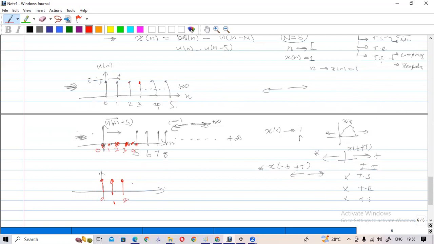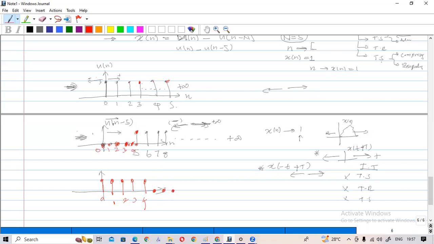Again 1 minus 0, so you have 1. For 4, 1 minus 0 again. Now at 5, it is 1 and this is also 1, so 1 minus 1 will be 0. For the fifth sample you will get 0, and for the sixth sample again 1 minus 1, so you will have 0.